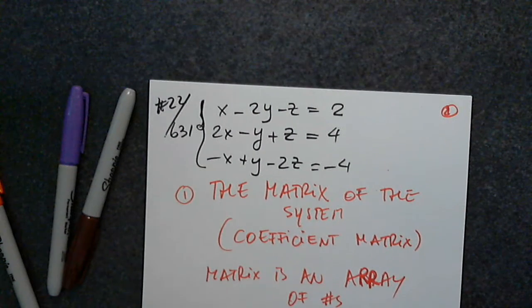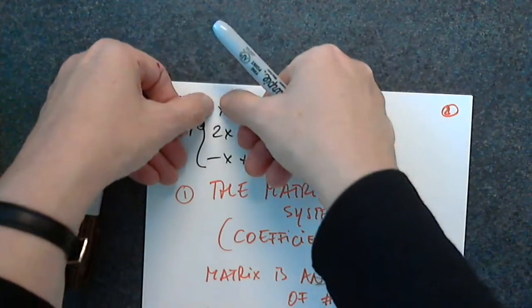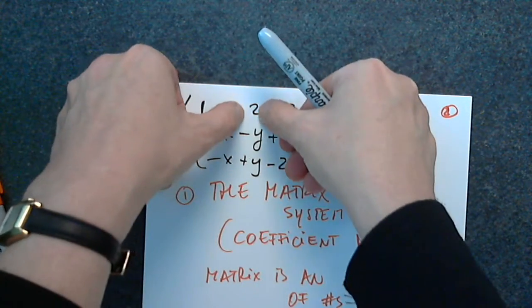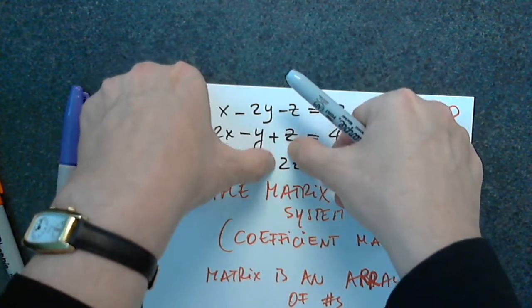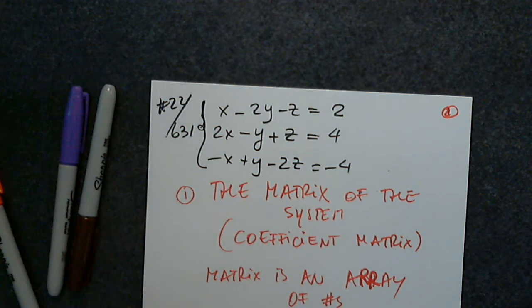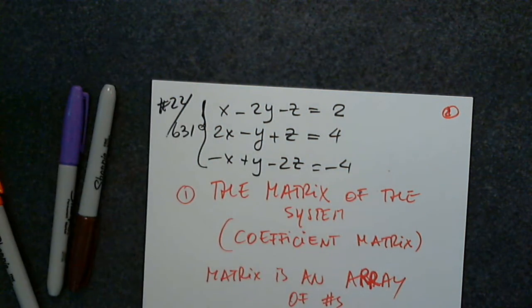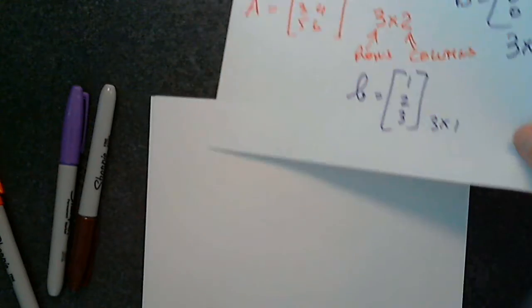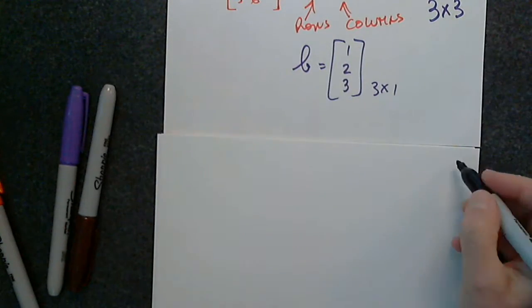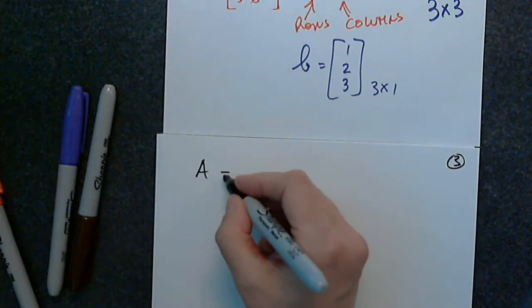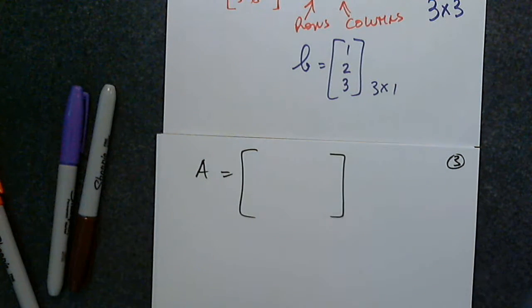The coefficient matrix is normally denoted by uppercase A. It will have only the coefficients. A 3 by 3, of course, 3 rows, 3 columns. Can anyone give it a shot and give us the coefficient matrix? But just tell me how you dictate. You dictate by rows, you dictate by columns. Just dictate.